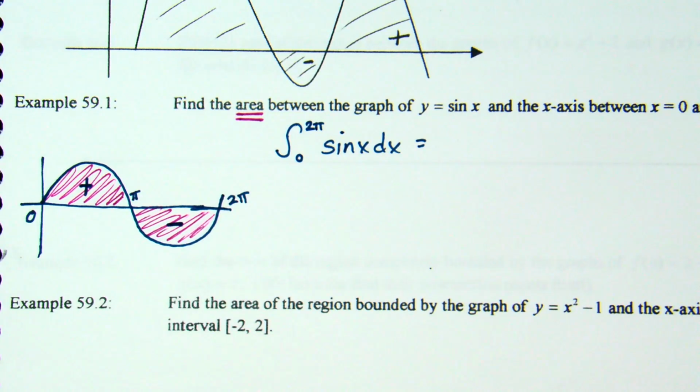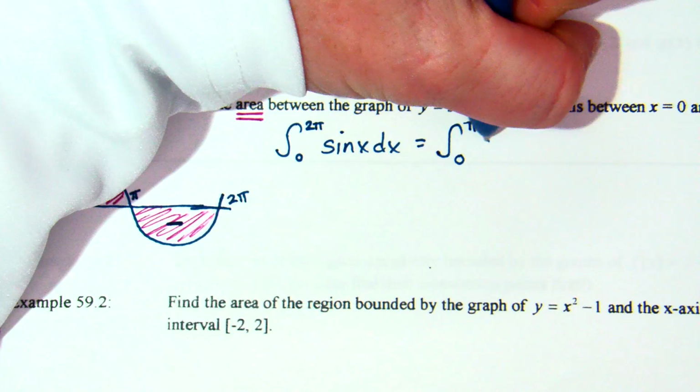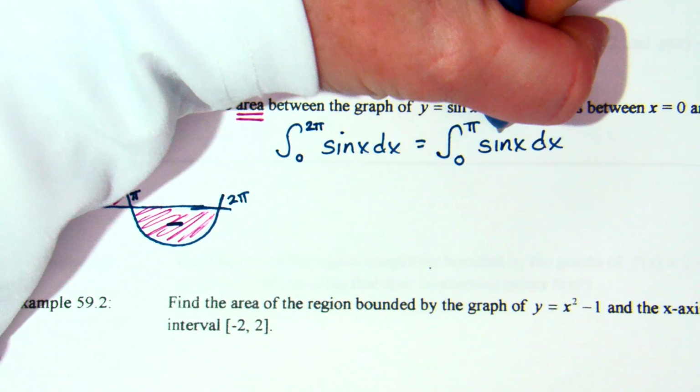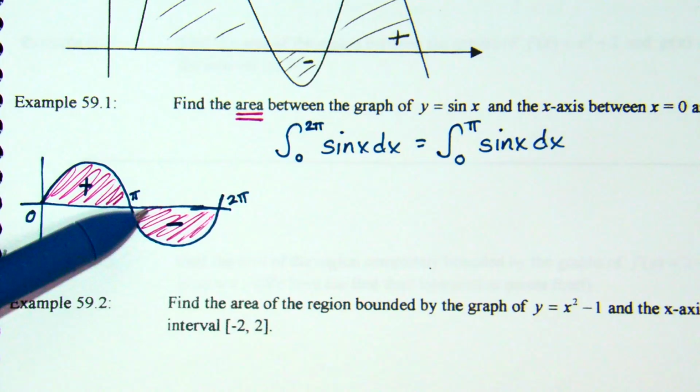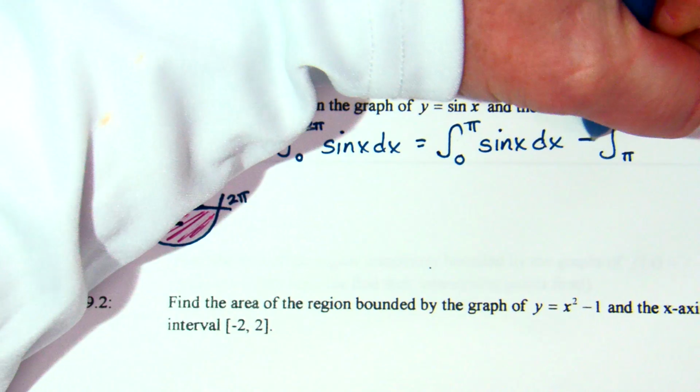So our first section is going to be from 0 to pi of sine x dx. That will work out to be a positive value because it's above the x-axis. What about our section from pi to 2 pi? Because it is below the x-axis, I know it will have a negative value.